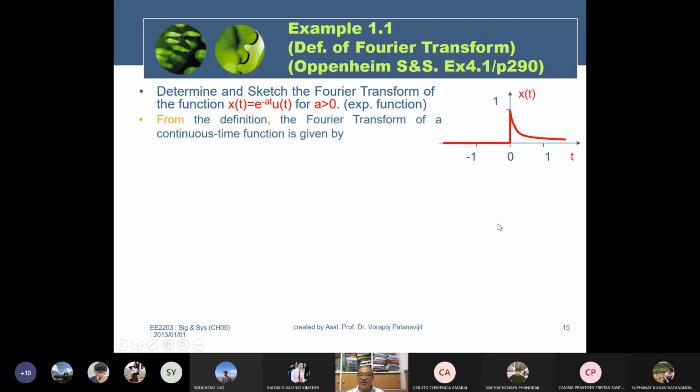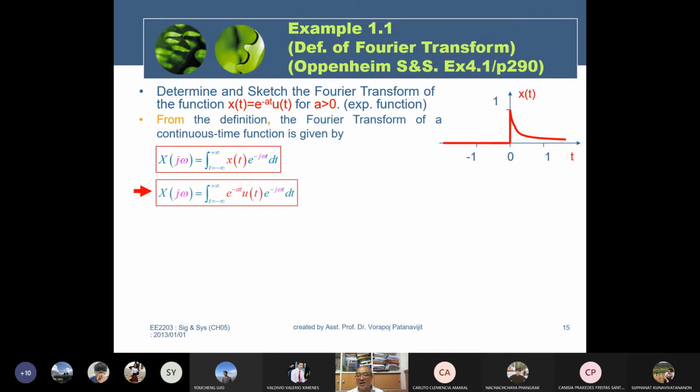From the definition, the Fourier transform of a continuous function is given by this equation: X(jω) equals the integral from minus infinity to infinity of x(t) e^(-jωt) dt. In this case, after you get the signal, you will know the suitable range for the integration.